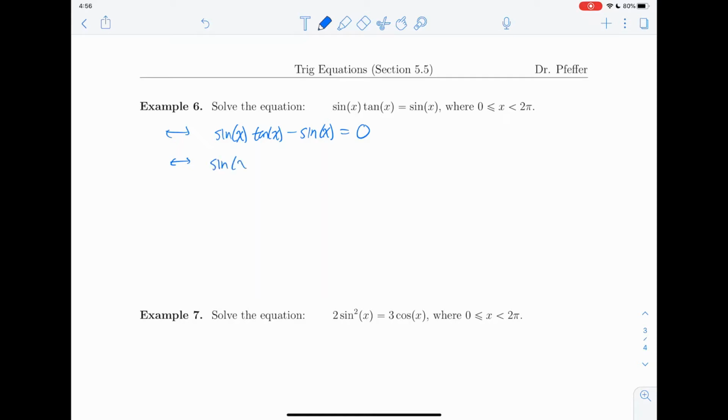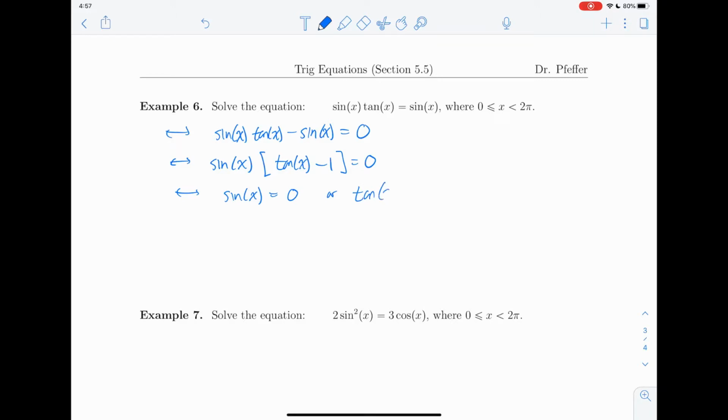So let's pull that out and we'll be left with a tan of x minus 1 left over. And just like we saw in the previous video, as soon as I have one factor times another factor equal to 0, I can use the zero factor property and set each of them equal to 0 independently.